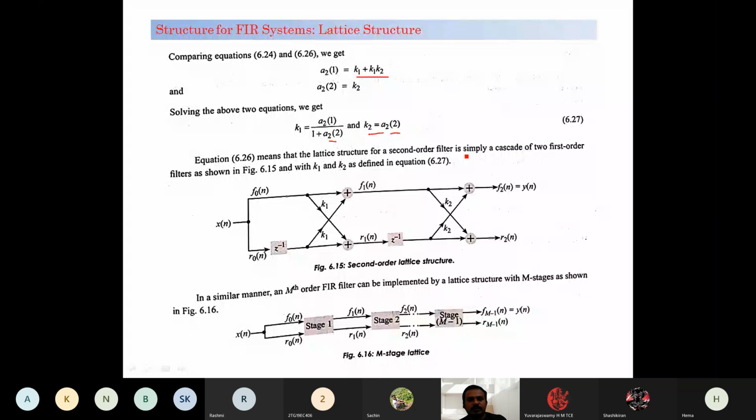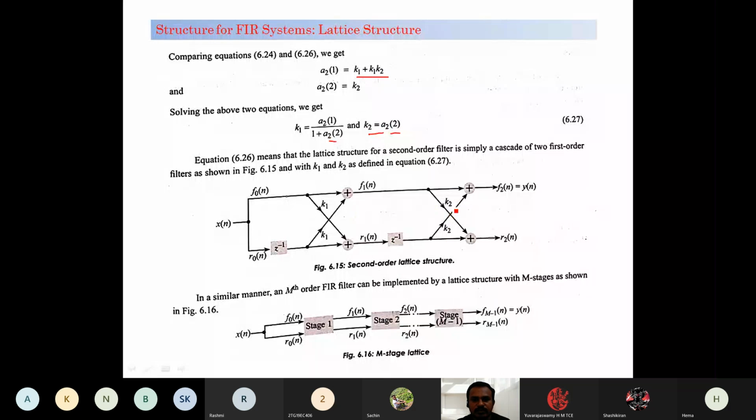Okay. So this means the lattice structure for a second order filter is simply the cascade of two first order filters. You can observe here what we have discussed, the next stage, second order. So the first stage will be as it is. If you increase the order of the filter, we need to go for the next stage. It is f2 of n and r2 of n with cross connected line coefficients, that is k2.